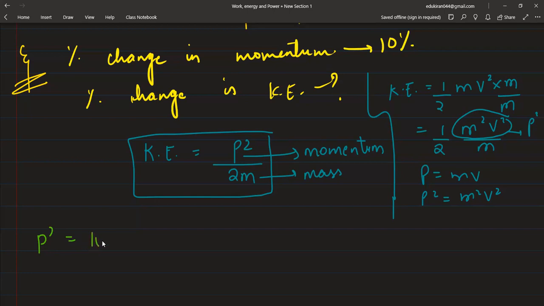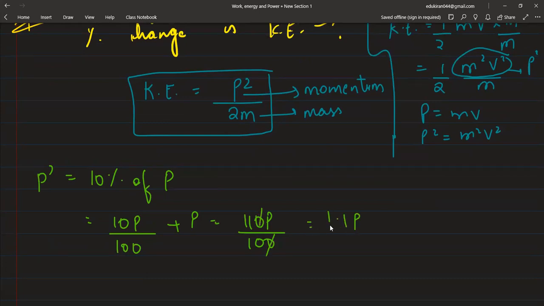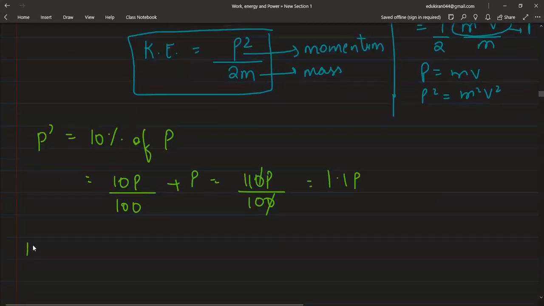It has changed 10% of the original, means this has increased by 10%. So this is 10 by 100 P plus P. So it is 110 P by 100, and then it is equal to 1.1 P. So what is the new kinetic energy?